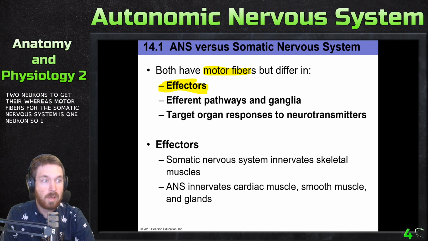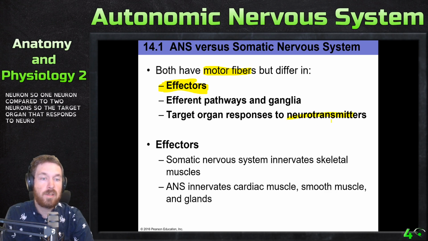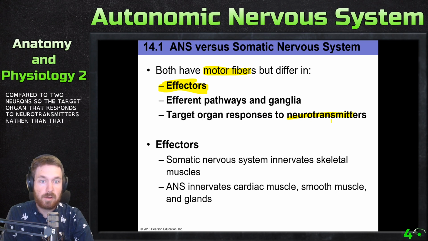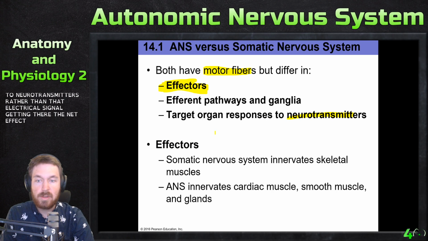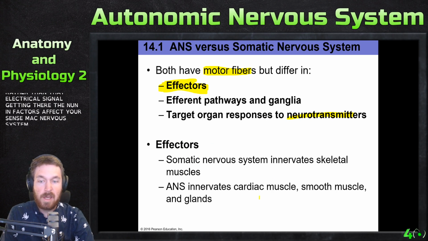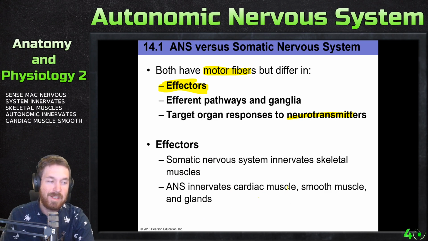So one neuron compared to two neurons. So the target organ then responds to neurotransmitters rather than that electrical signal getting there. And then effectors in somatic nervous system innervate skeletal muscles, autonomic innervates cardiac muscle, smooth muscle, and glands. So they go to slightly different places.